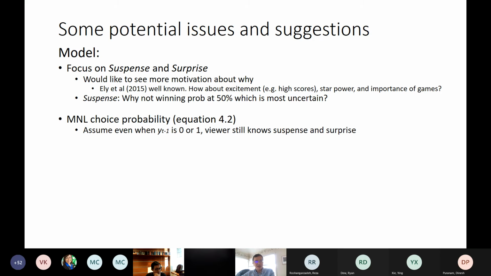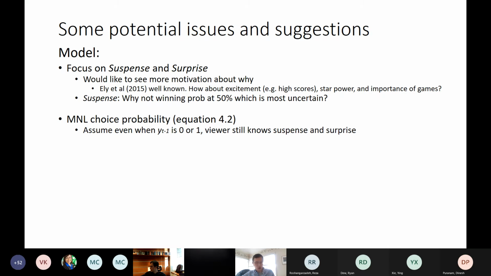Okay, so the next thing, which I think is probably the biggest issue for me, is about the multinomial logit choice probability. One of the implicit assumptions, which I think was acknowledged in the paper, is that for a viewer, even when last minute the viewer is not viewing or paying very low attention, the viewer can still calculate suspense and surprise.